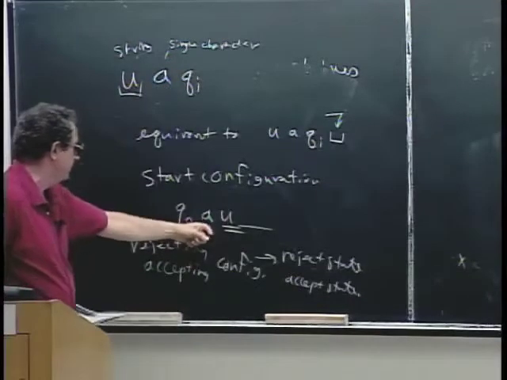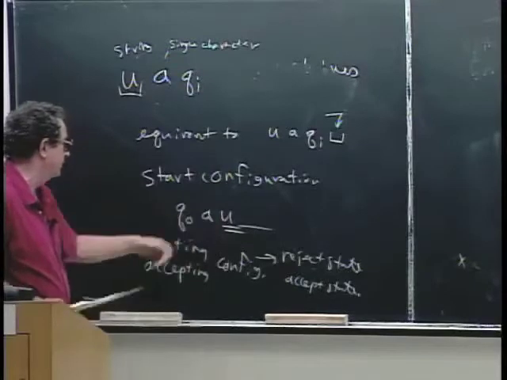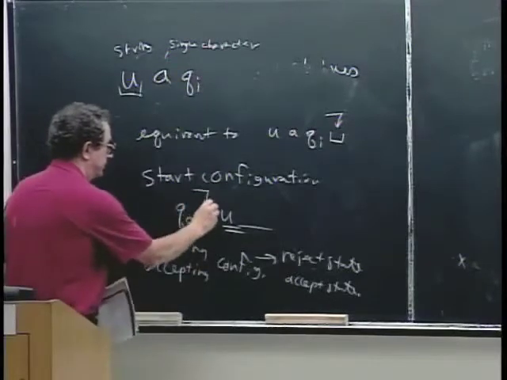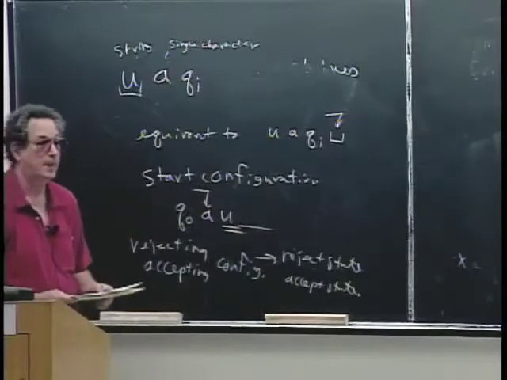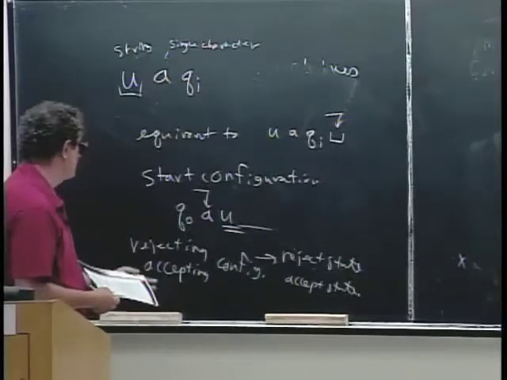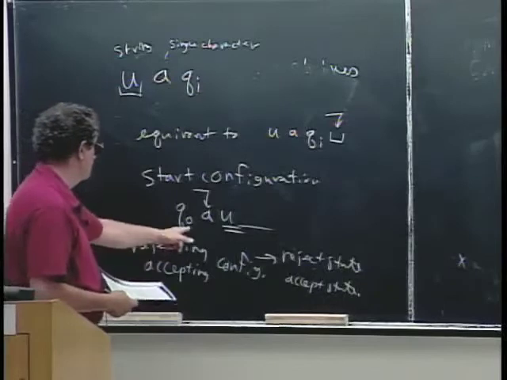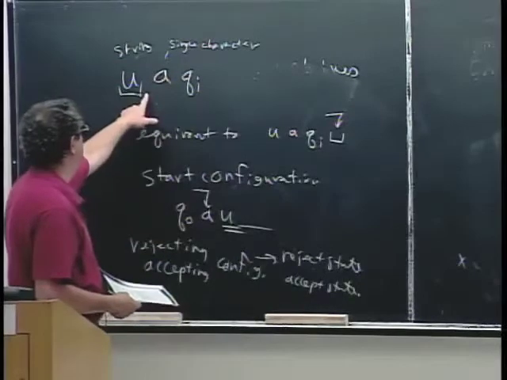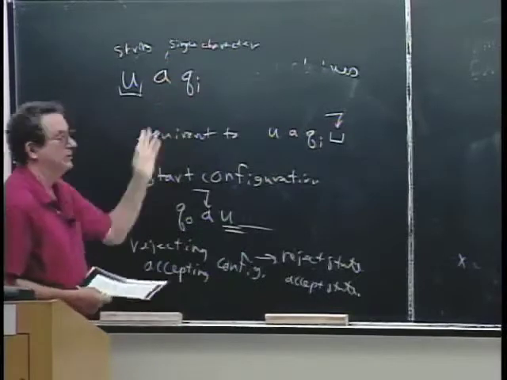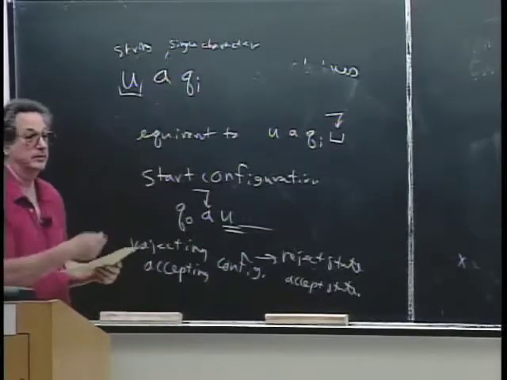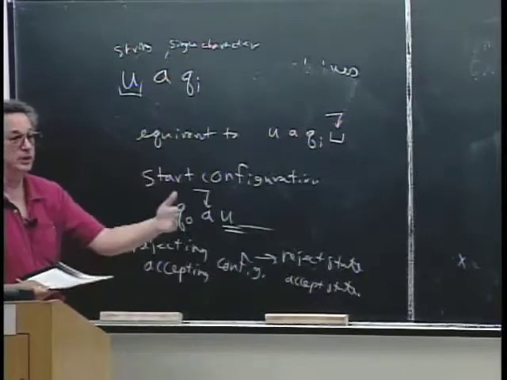And here the same thing. We've got an individual character, and this is where the read head is, and then we have some unspecified string. Is that like the last state, the UAQI? No, this is what it looks like if the read head is all the way at the right end of what's written on the tape.